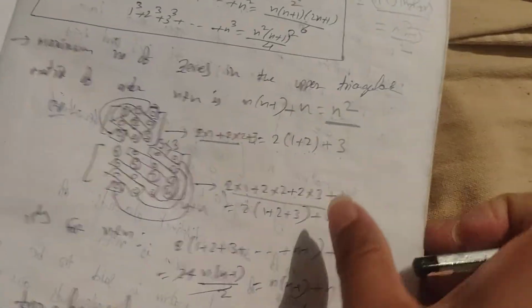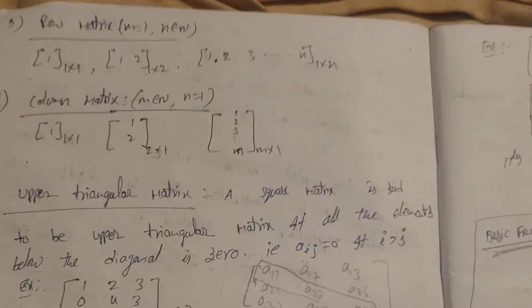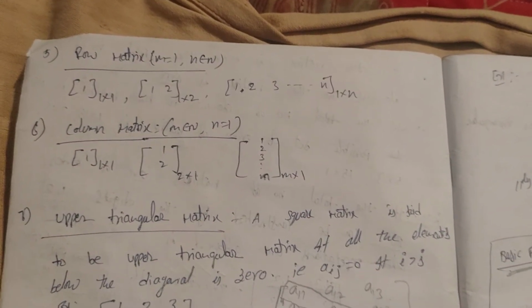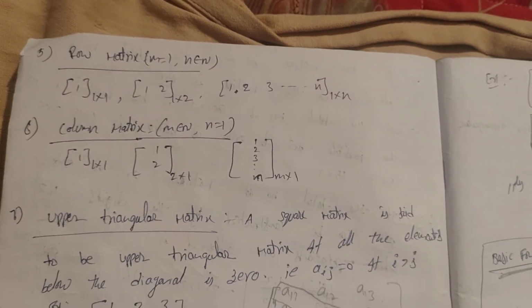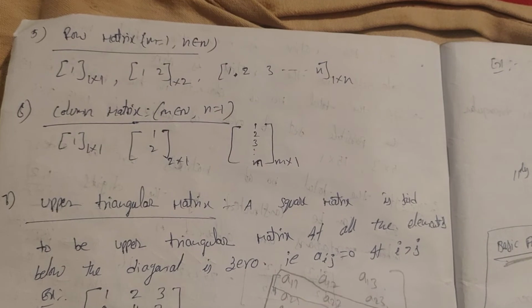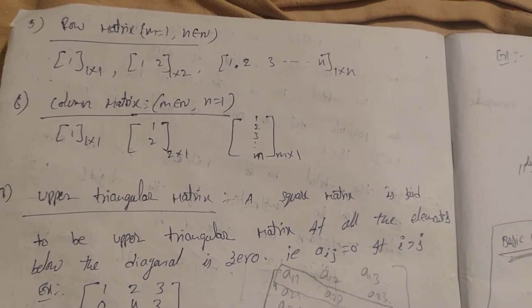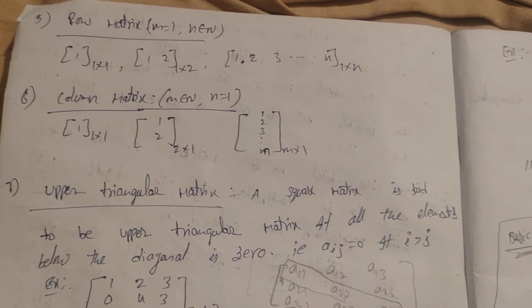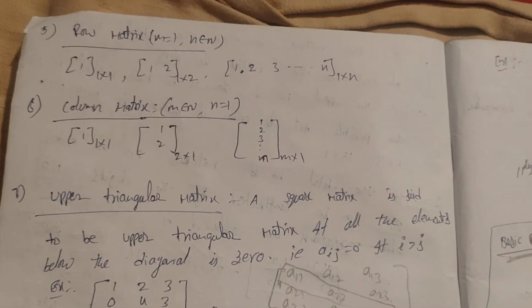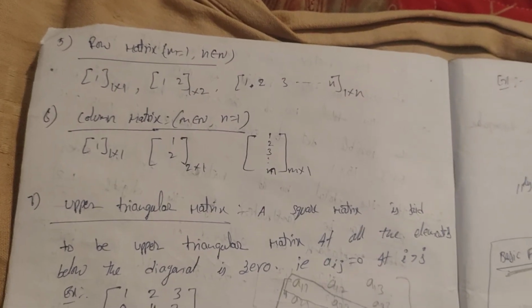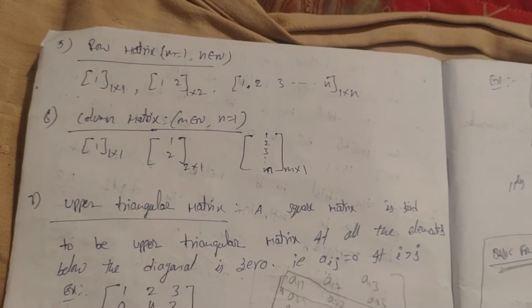Next one is the row matrix. Row matrix means a matrix with only one row, and the columns may be one or more than one, no problem.